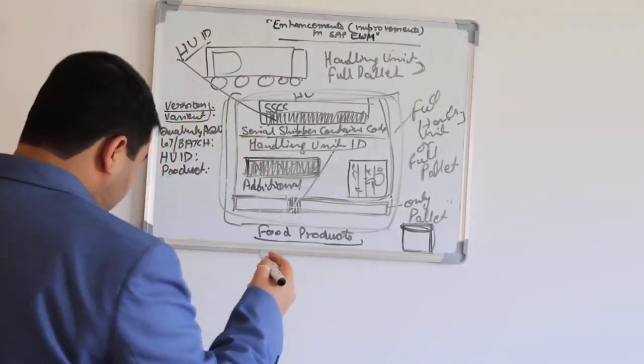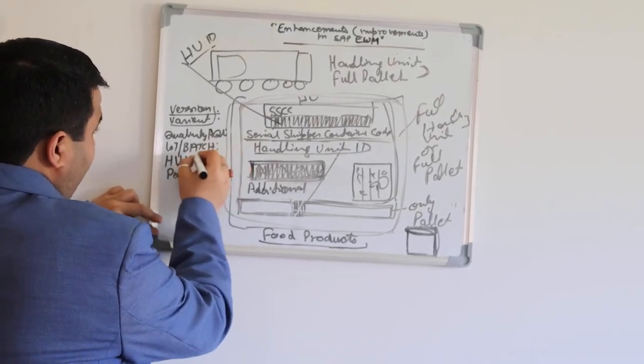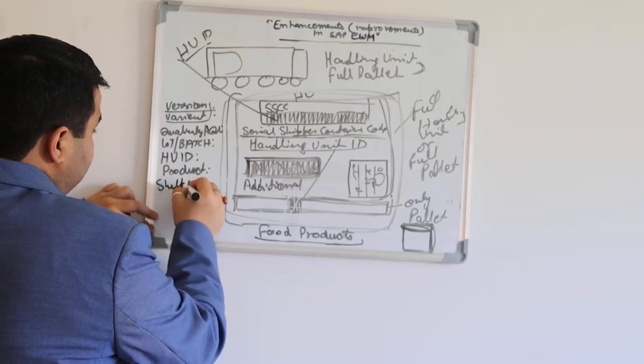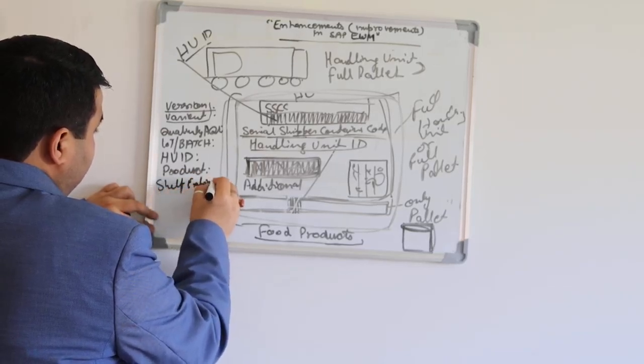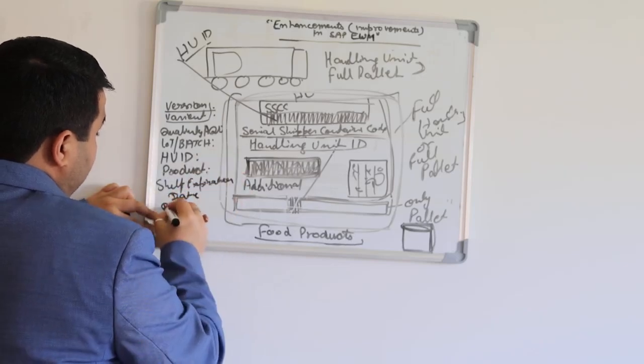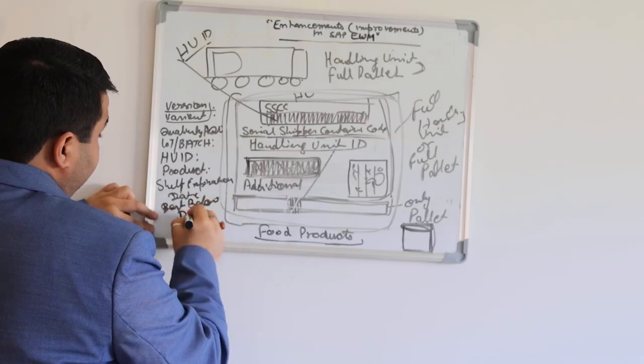If we have a food product, we must have the lot or batch number, and the shelf expiration date or best before date.